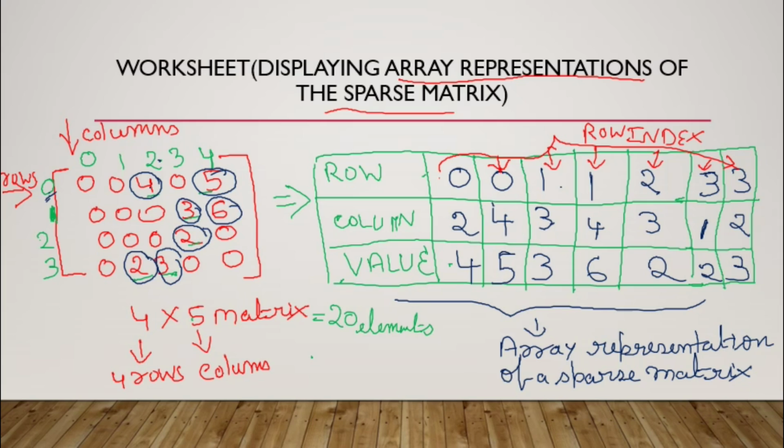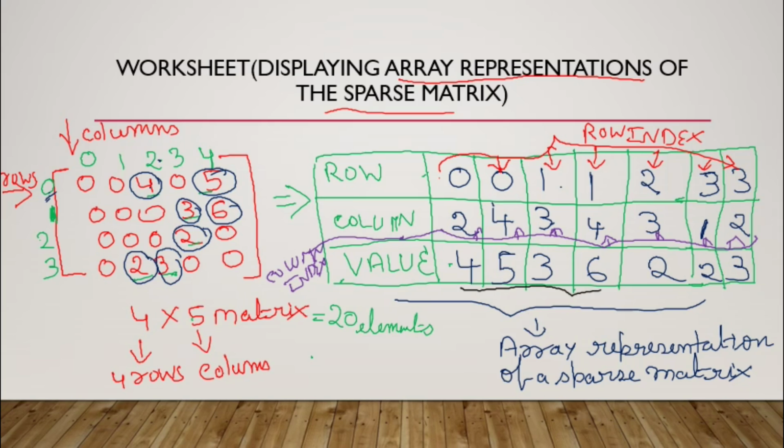Now, what are these? Let me do it in a separate ink. Just take the purple over here. What are these, students? These are the column index. And what is our last row?